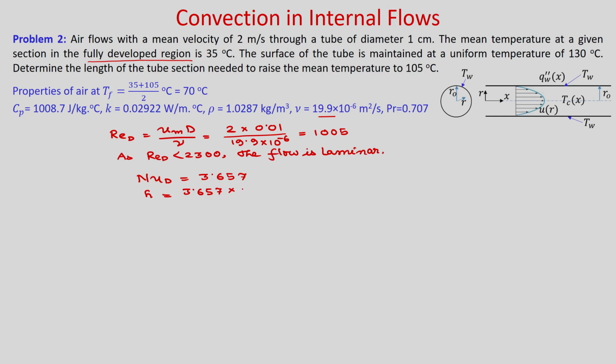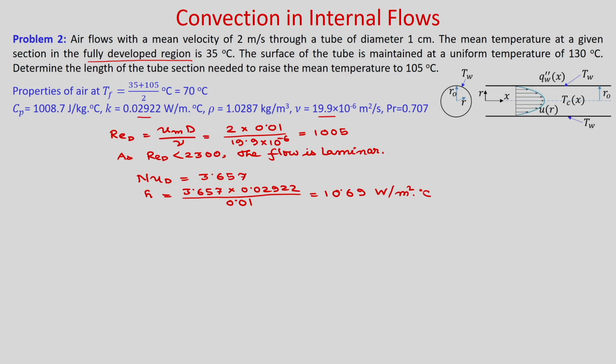What is the k value? The k value is here, 0.02922, divided by D, right. Nusselt number is hD by k. D is 1 centimeter, which means 0.01 meter. So, h will be 10.69 watt per meter square degree centigrade.